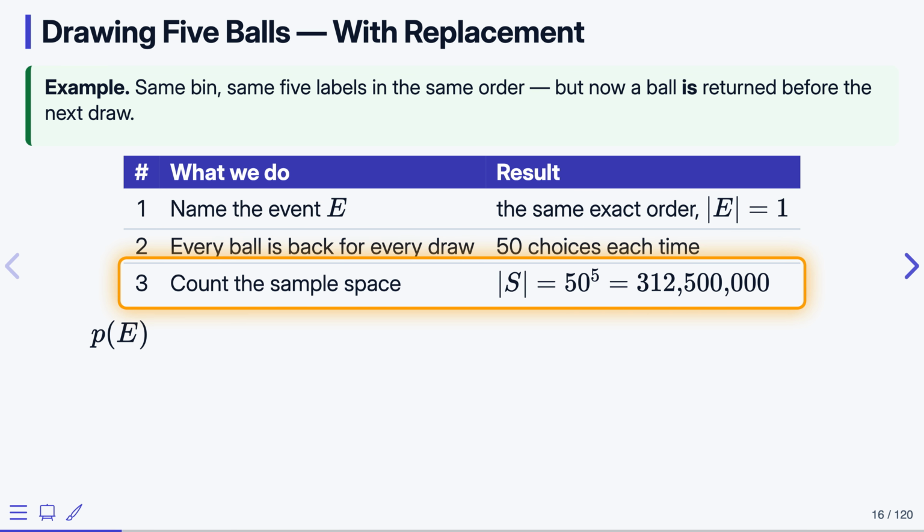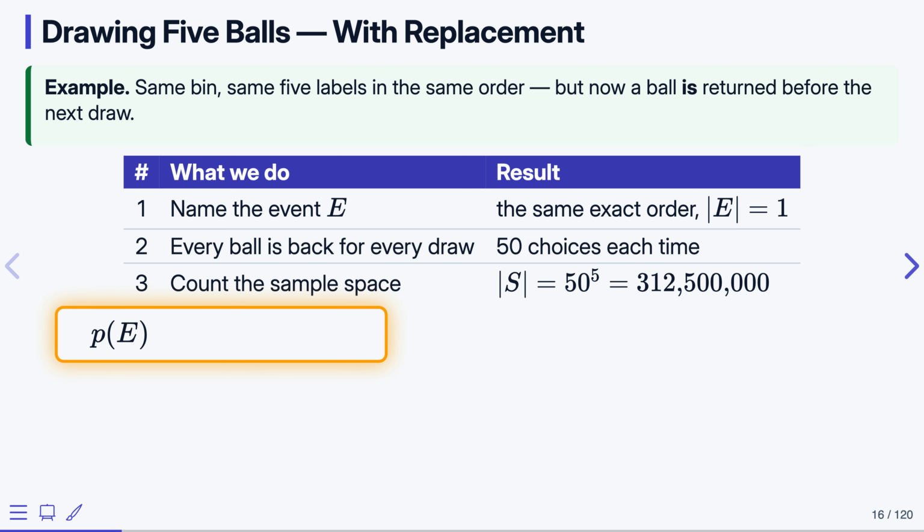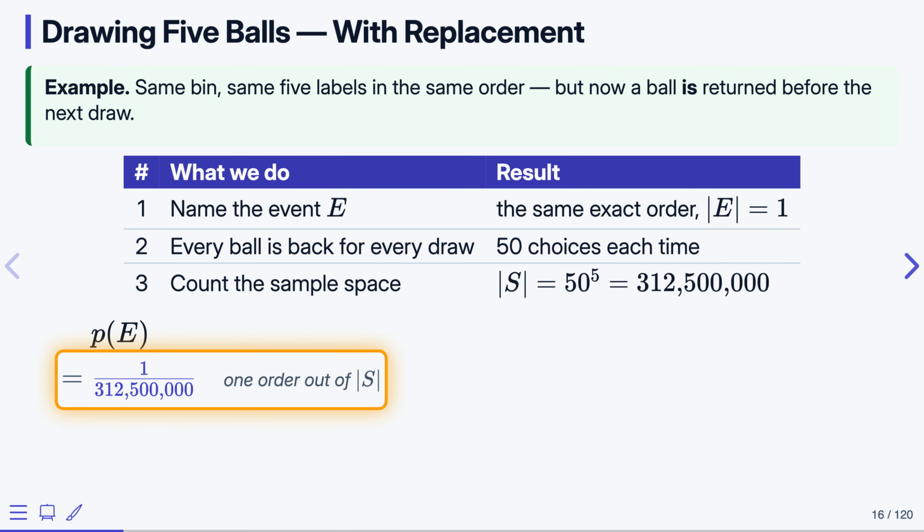So the sample space has 50 to the power 5 outcomes. That is 312,500,000. Now the working. We begin with P of E. The probability is 1 over that number. Notice it is smaller than before, because returning the balls makes more orders possible.